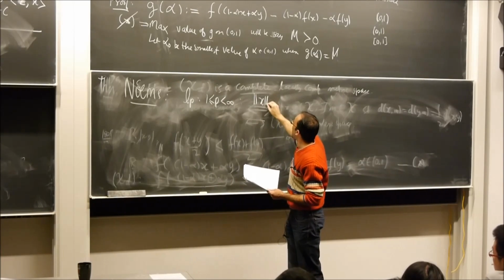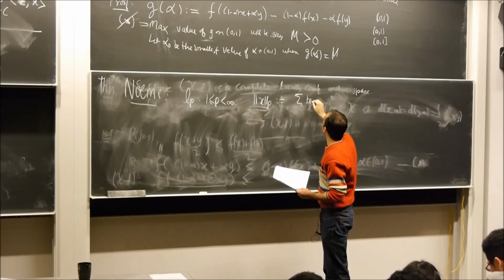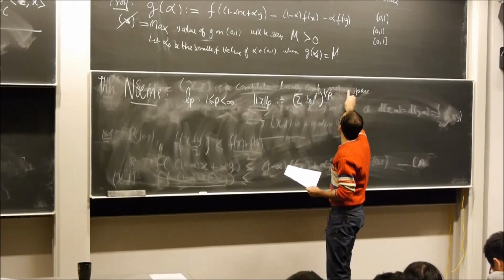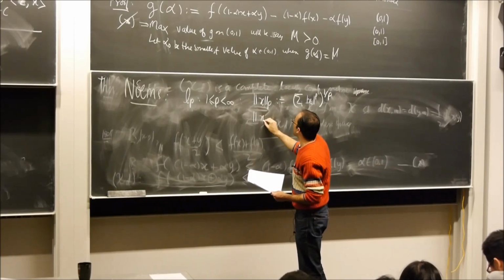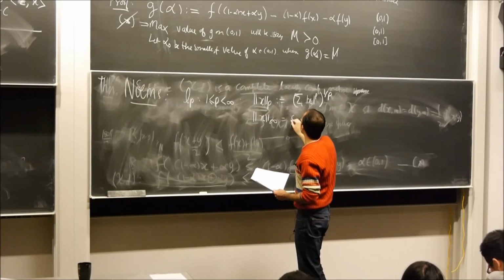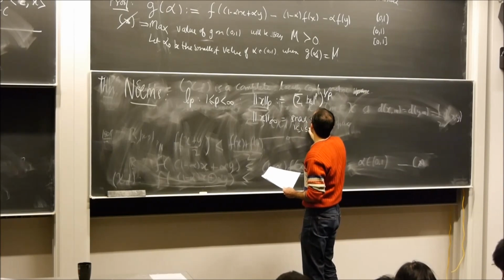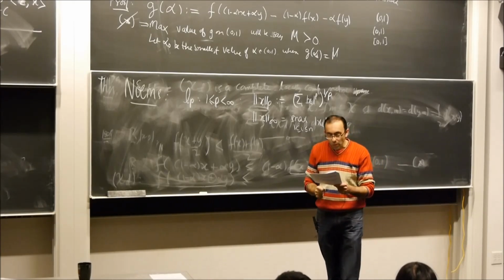This norm is defined as follows, and if p is infinity, then it's written as the max norm, which is given by the max of the entries. So these are vector norms.